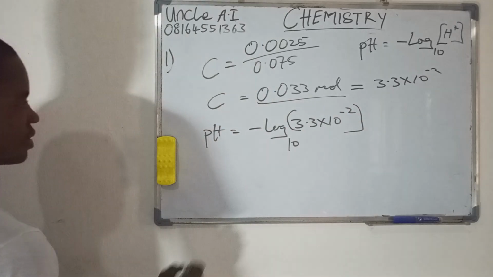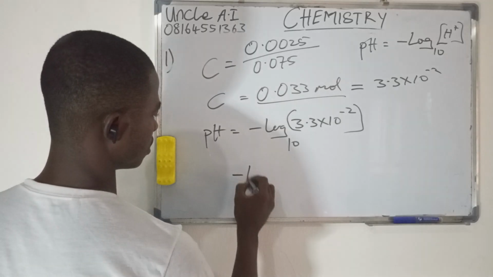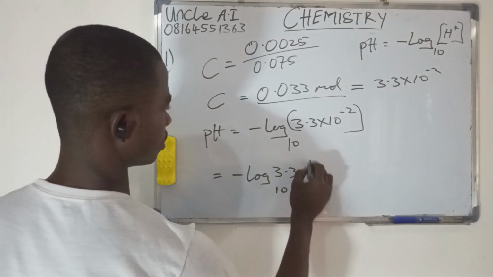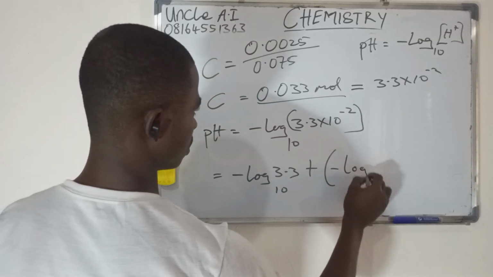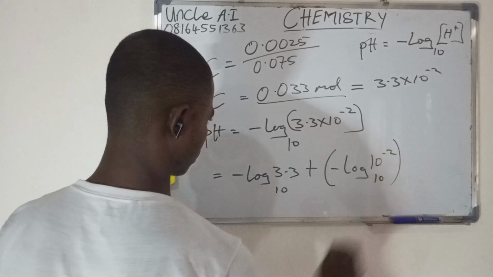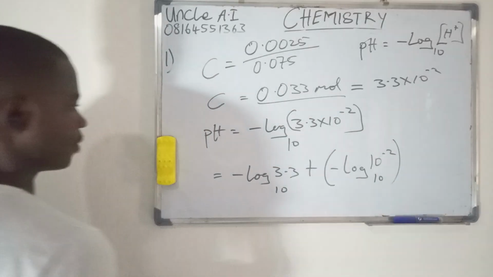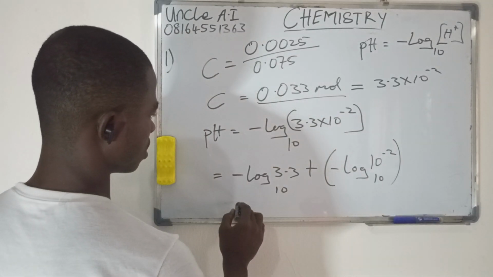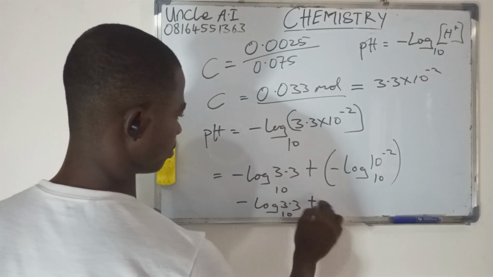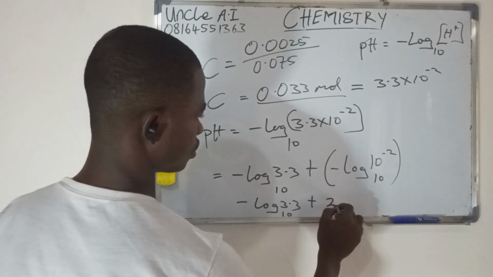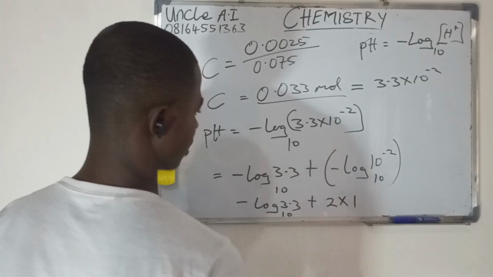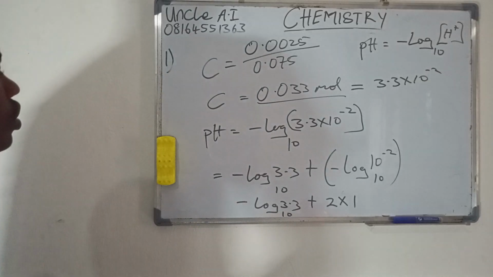To expand this, we have minus log 3.3 base 10 plus minus log 10 raised to the power minus 2 base 10. To expand further, we'll have minus log 3.3 base 10 plus 2 times 1.